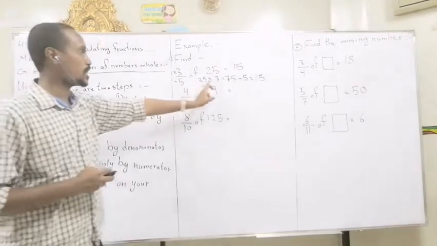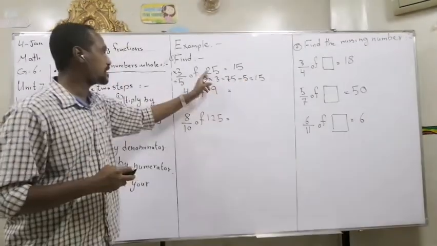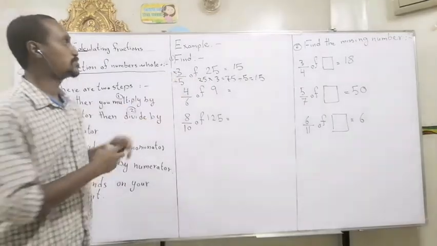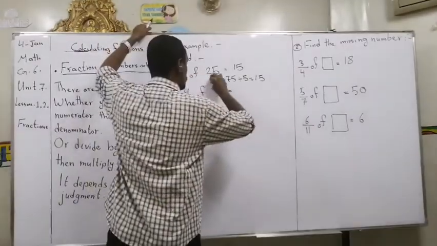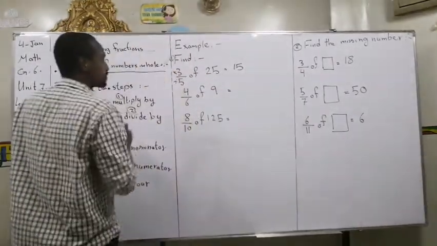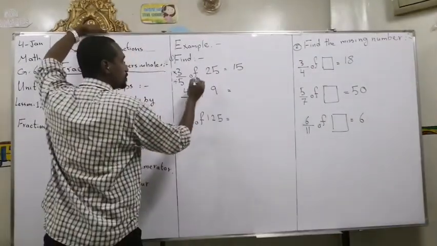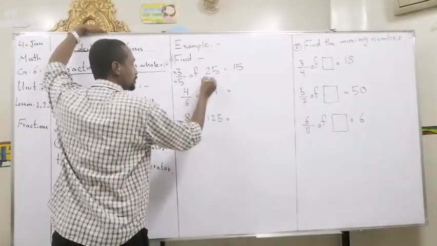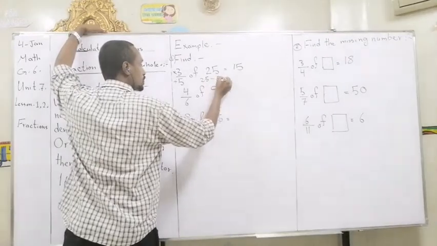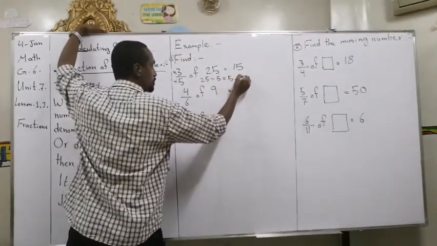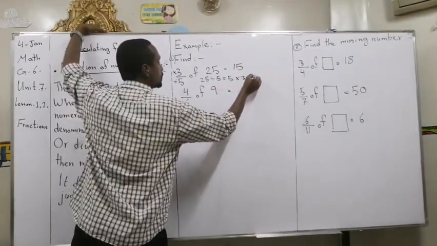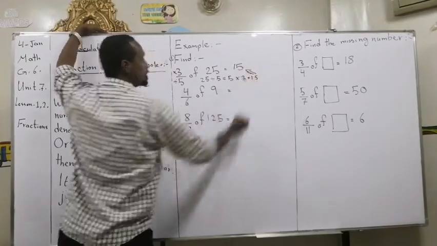In the first example I multiplied then divided. Let's see if I divide then multiply first, is it going to be 15 or not? Let's check it. 25 divided by 5 equals 5. Then multiply by 3 equals 15. The same answer.